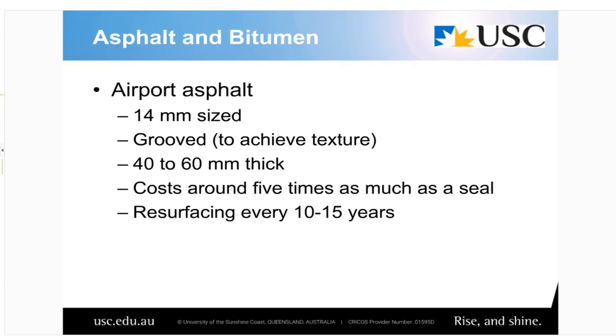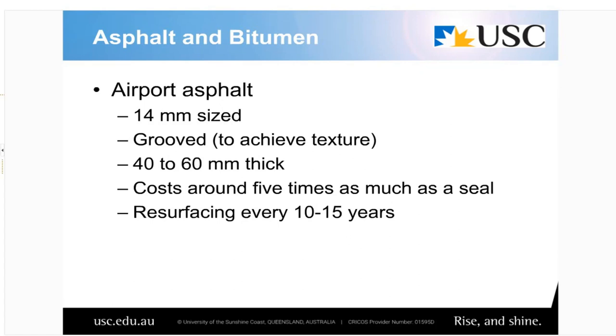So if you've got a sprayed seal surface, and I'm currently working with Dubbo Airport, they've got a sprayed seal surface that they're about to put asphalt on. They could have continued to reseal that surface every 10 years, and it might cost them $1 million a go, but they're going to put asphalt on it, which they might then have to resurface every 10 to, if they're lucky, 15 years.